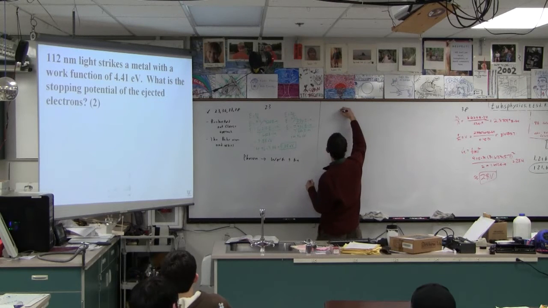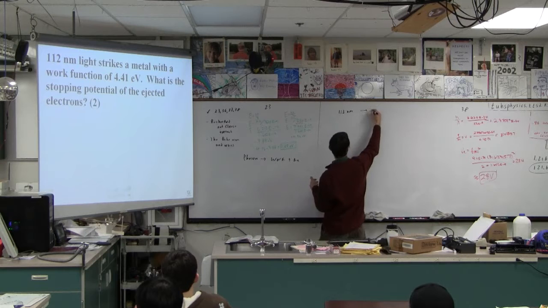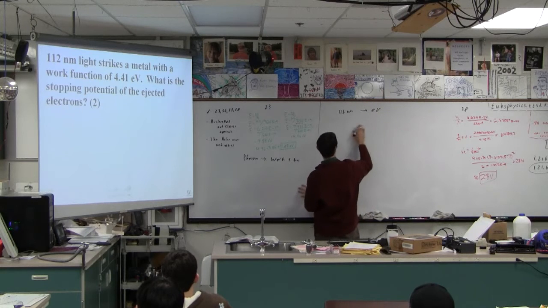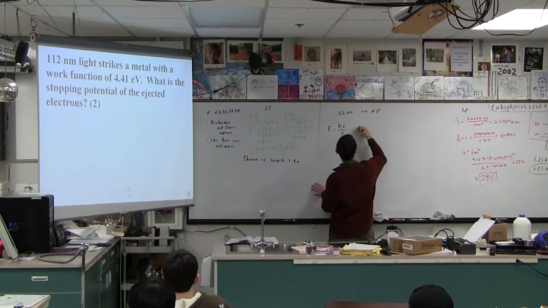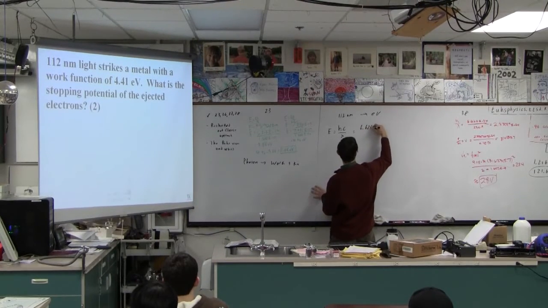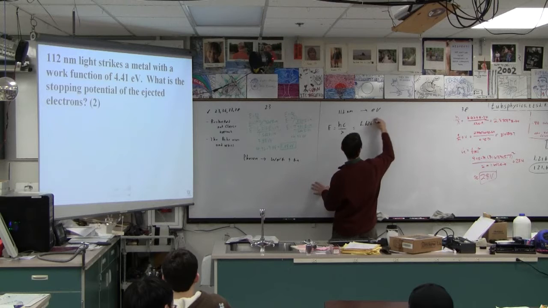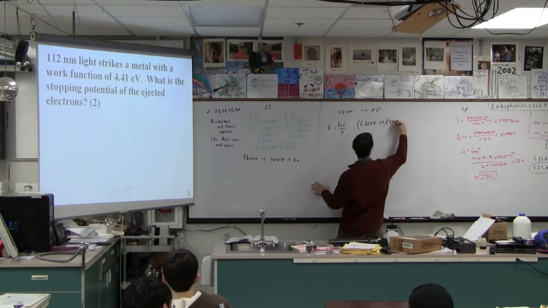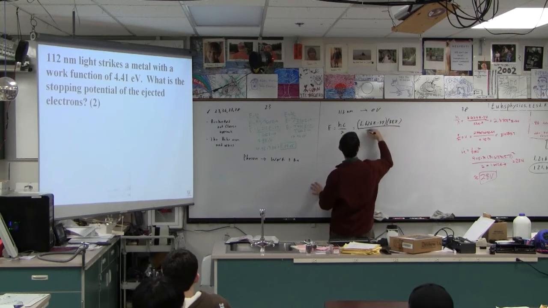So 112 nanometers. To turn it into electron volts, it goes something like this. What I'm going to do is go hc over lambda, right, is our energy. Not in the data packet, by the way. So that's 6.626 e minus 34 times 3e8, divided by 112 e minus 9.